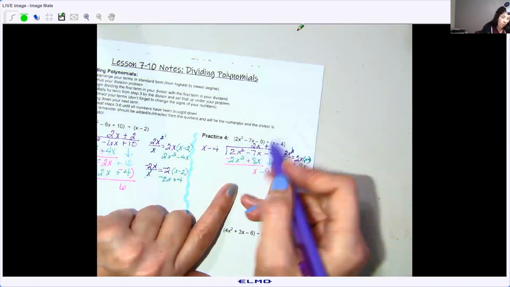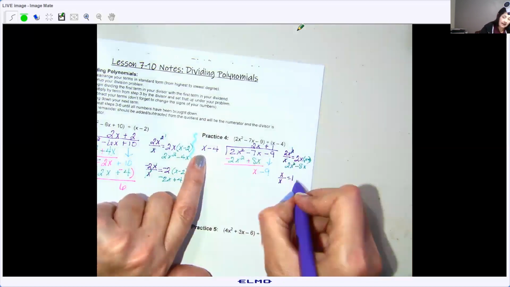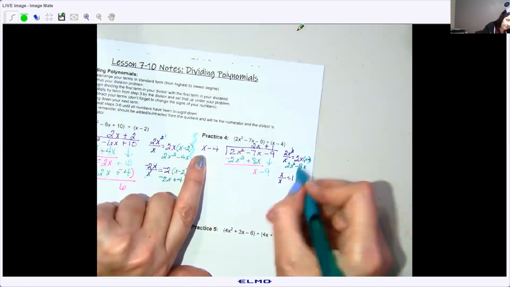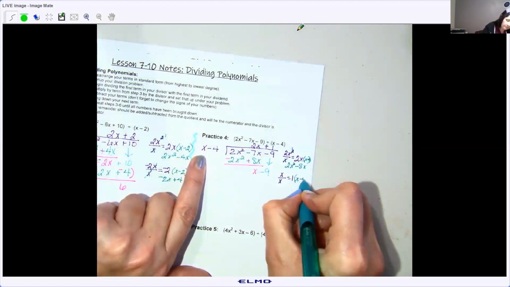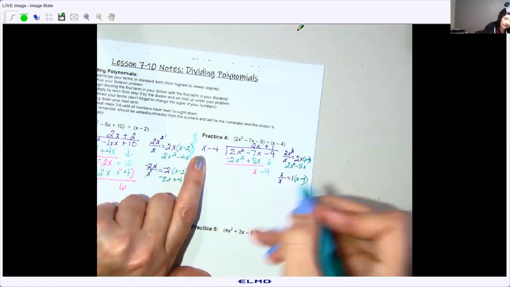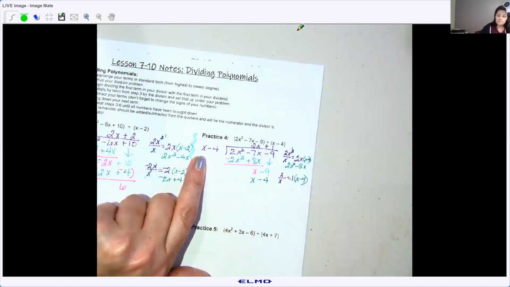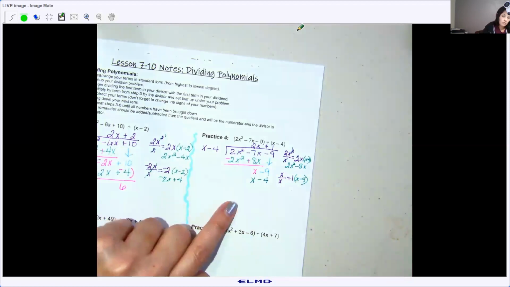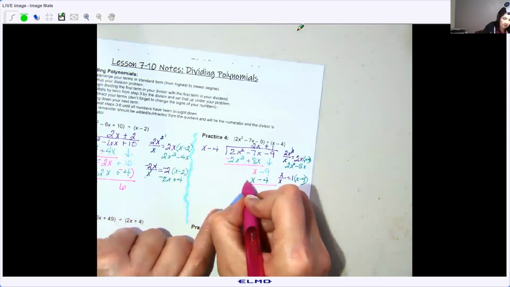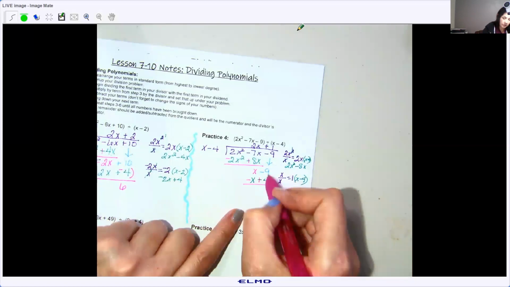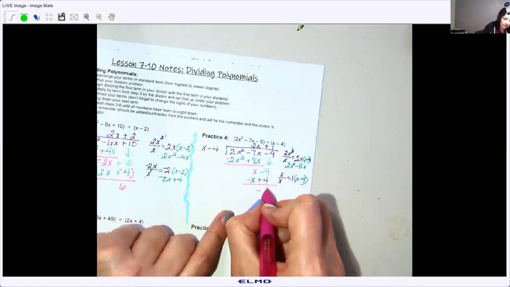Okay, then I take 1 and I multiply it times x minus 4. And I get x minus 4. Now I'm going to subtract, and I change my signs. I'm left with a negative 5.